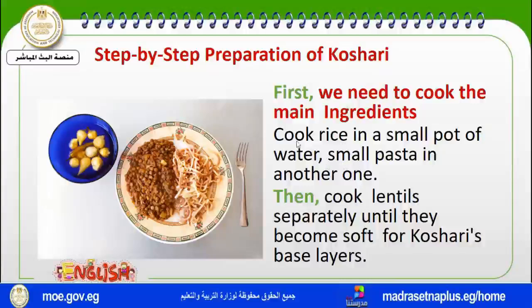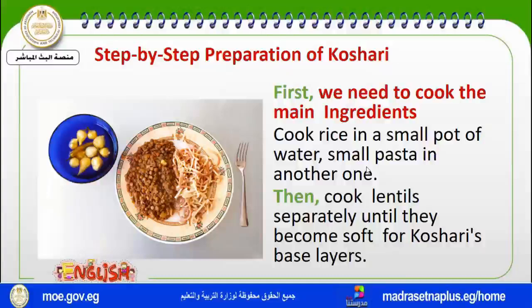While we are cooking rice, we can also prepare small pasta at the same time. We prepare pasta in the same way: we get a small pot of water, put it on the oven, and add the pasta until it becomes soft and can be eaten, and that's it.